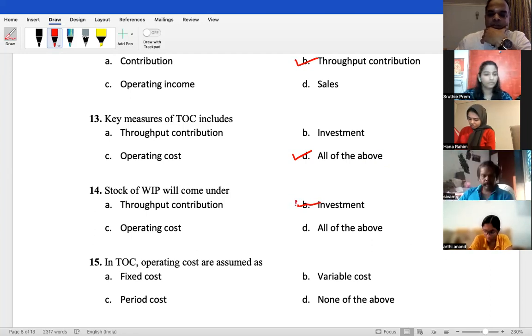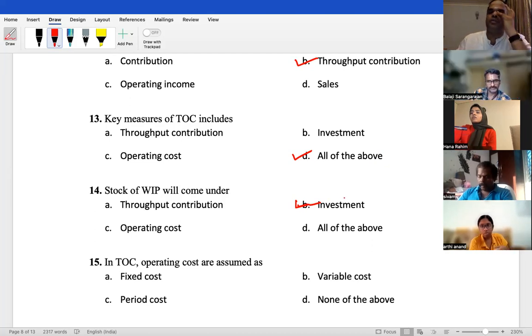Suppose consumption of raw material is operating cost or throughput contribution? Sales minus raw material is called throughput contribution. Sales, throughput contribution. Salary, operating cost.